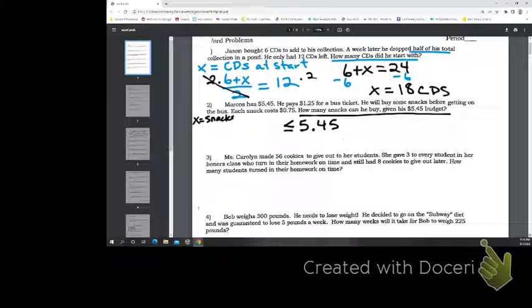And then what is he spending money on? He's spending $1.25 for the bus, plus 75 cents for each snack.